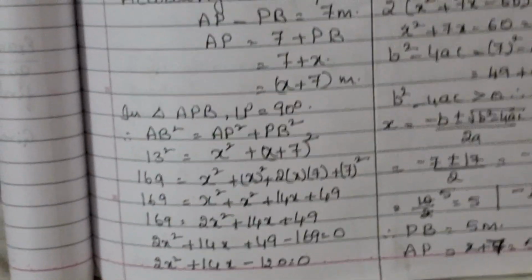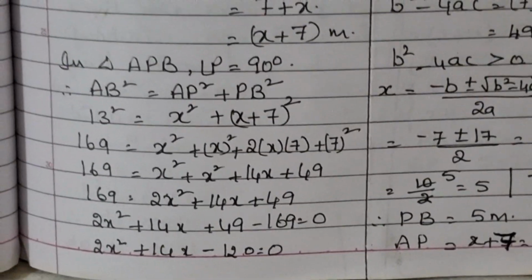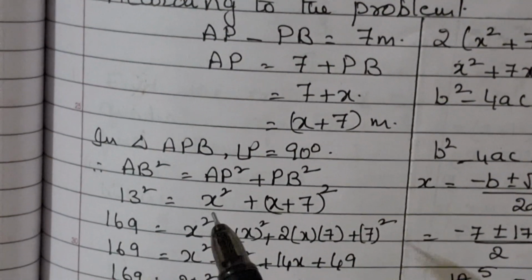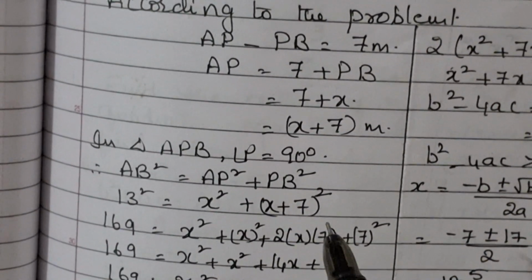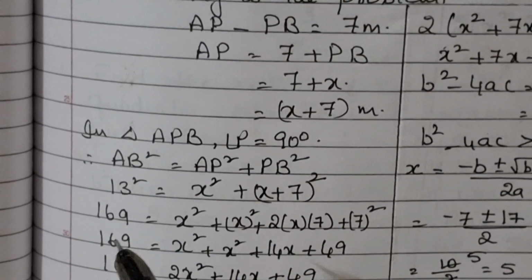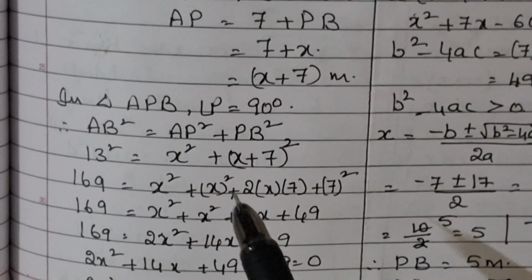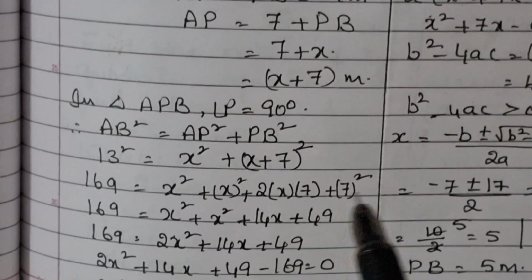AB square is equal to AP square plus PB square. AB is 13, so 13 square is equal to x square plus (x plus 7) whole square. 169 is equal to x square plus (a plus b) whole square, a square plus 2ab plus b square.